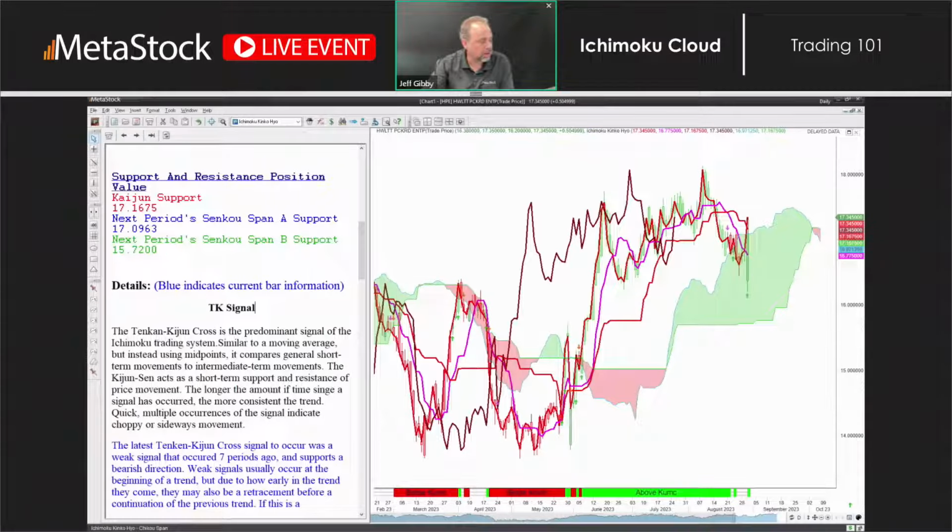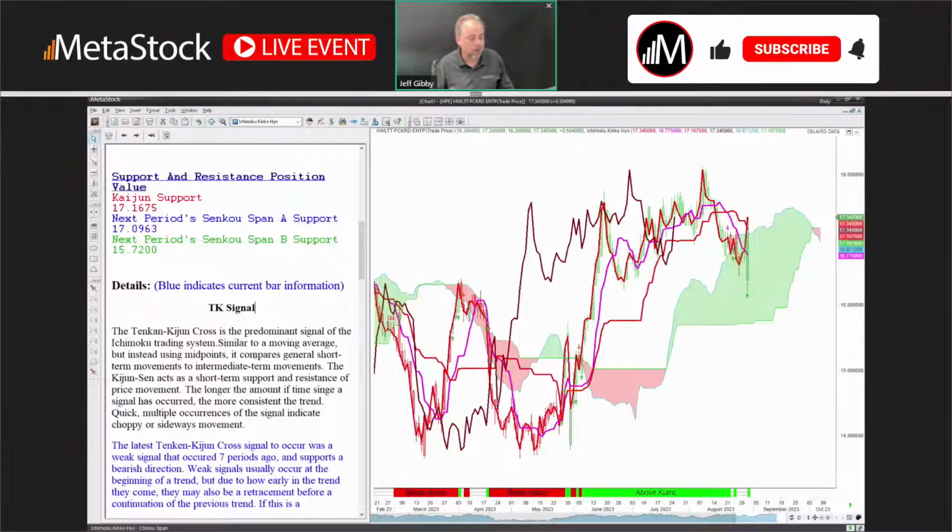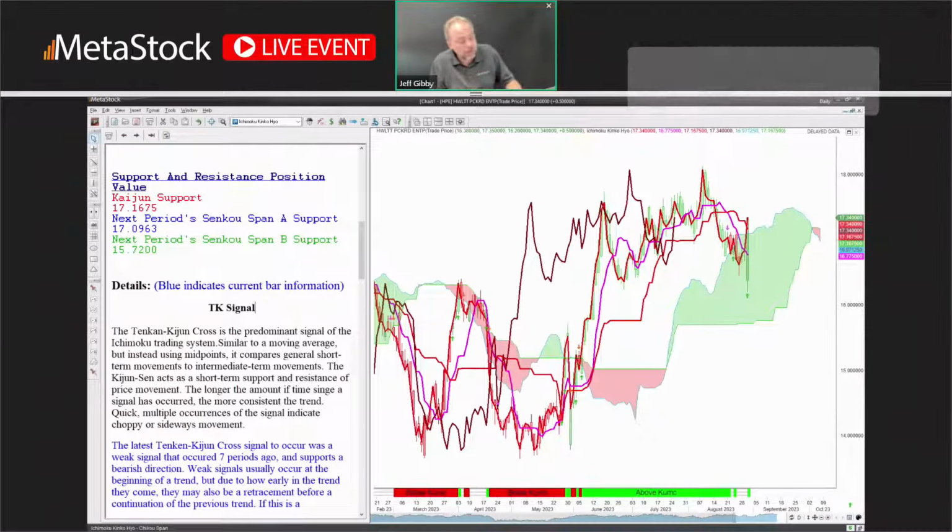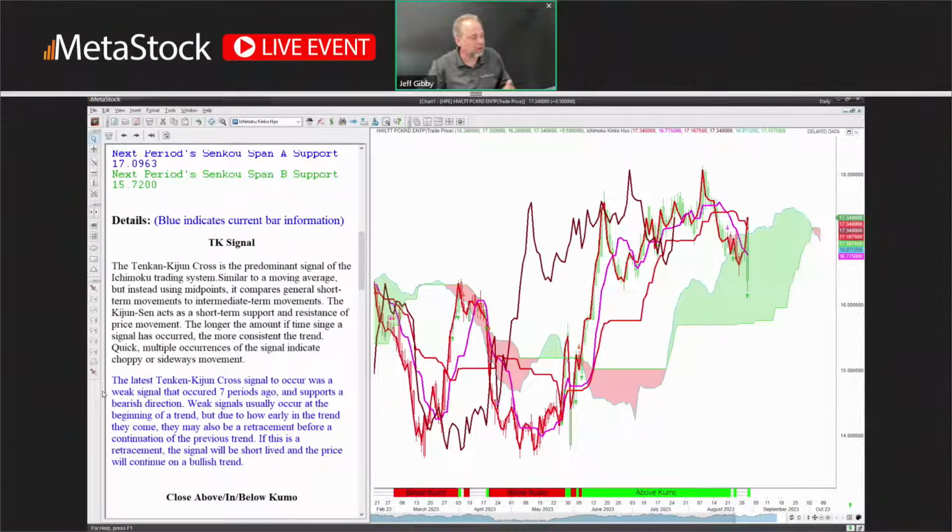It's a predominant signal of the Ichimoku trading system, similar to a moving average, but instead uses midpoints. It compares general short-term movements to intermediate short-term movements. The Kijun acts as a short-term support or resistance. The longer the amount of time since a signal occurred, the more consistent the trend is. So kind of giving you a very good idea of how this works. The blue part is what it's actually seeing on the chart.